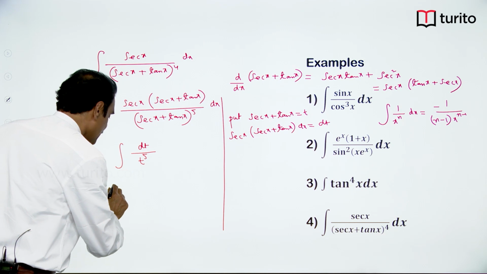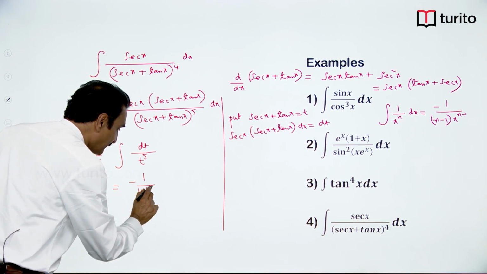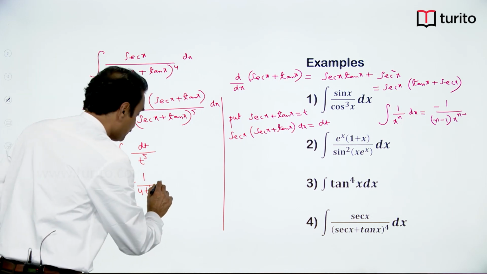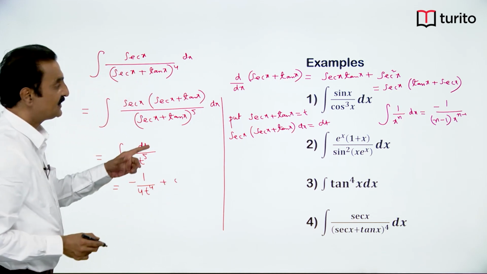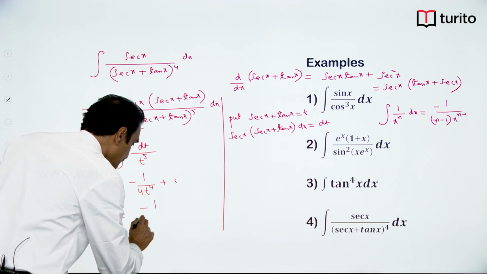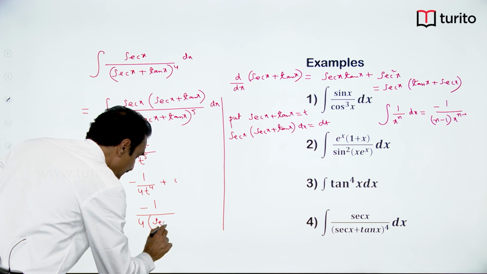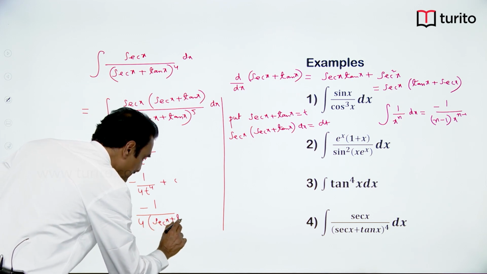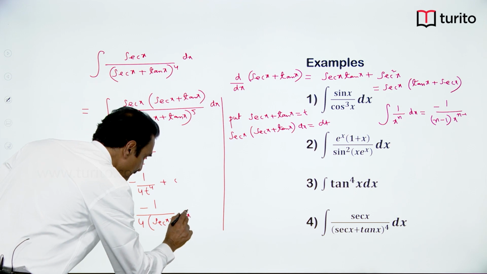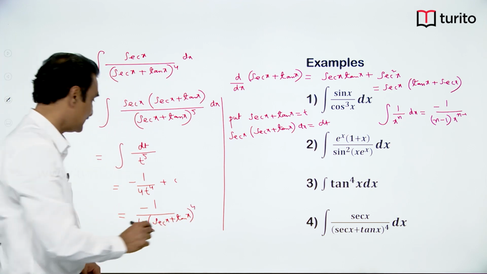So, its integral is minus 1 by 4 t power 4 plus c, and substituting t, you will get the answer minus 1 upon 4 into secant x plus tan x raised to 4 plus c.